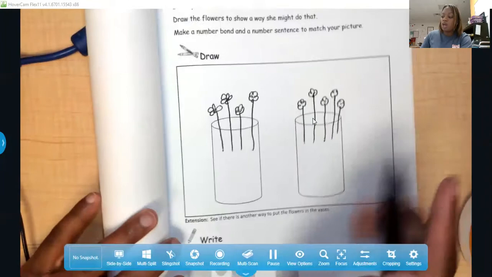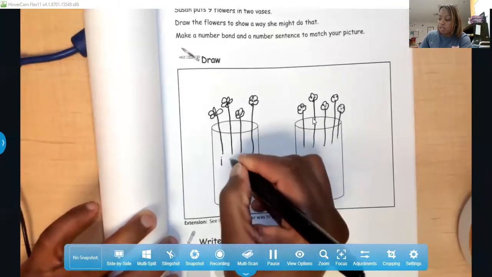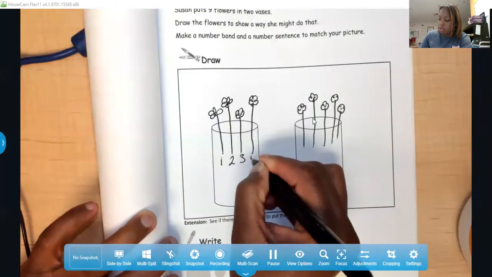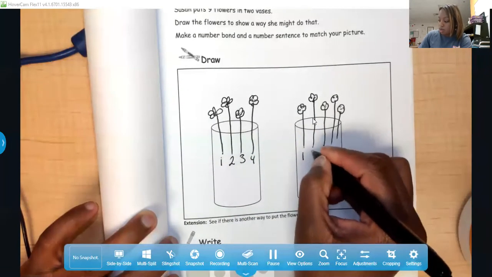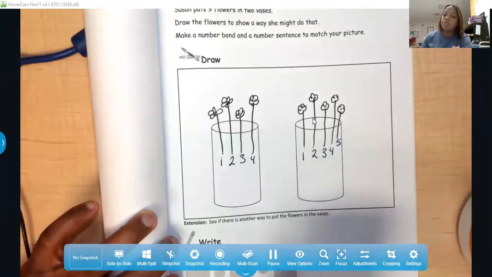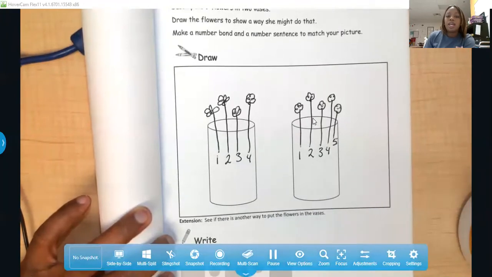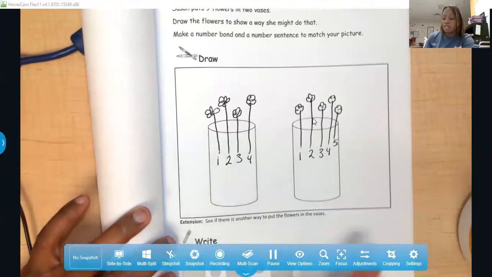We are supposed to start with 9 and separate them into 2 vases. I'm going to number my flowers just so you know that I'm not trying to trick you. 3, 4, and 5. So after you did that, the second part of that was to make a number bond. And lastly, we're going to make a number sentence.